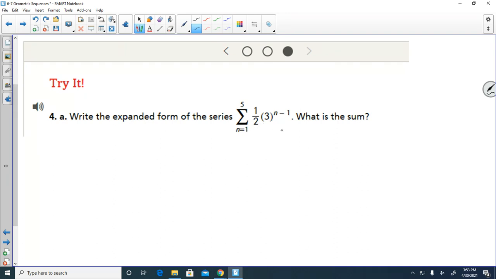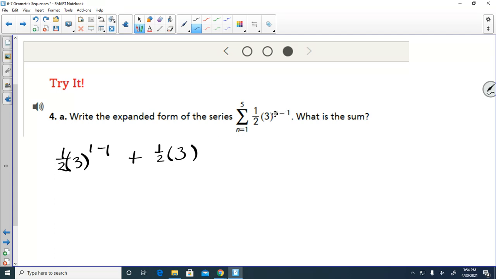So when you see this symbol, you read it out loud, the sum from n equals 1 to 5 of 1/2 times 3 to the n minus 1. What this means is they want you to take the formula 1/2 times 3 to the n minus 1, and start with the number 1 and continue that formula with integers.